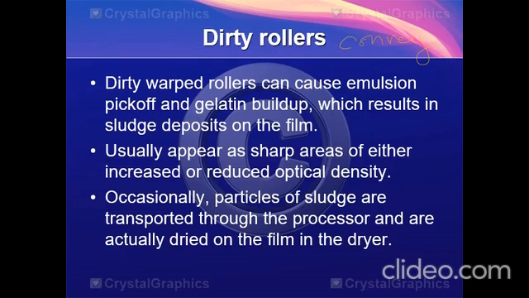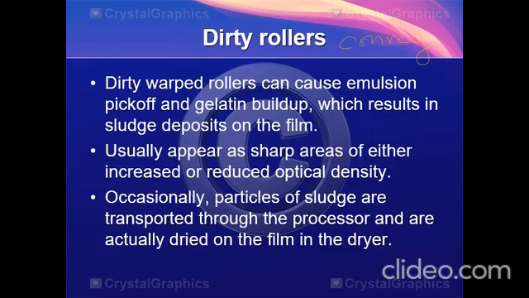So as for the appearance of the artifact caused by dirty rollers, there may be a part of the radiographic film which has an increased optical density, or there may be a part of the radiograph which has a significant decrease in the optical density.